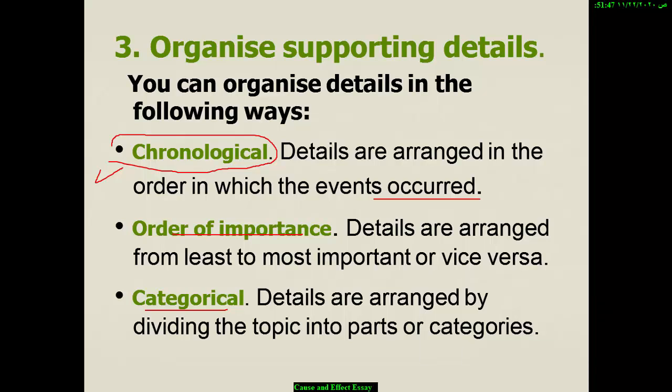And when you order the details from least important to most important, or the opposite, that's called order of importance. And if you want to divide the details into topics, like groups or categories, that's called categorical order. So these are the three ways you can organize your details: chronological, order of importance, or categorical.